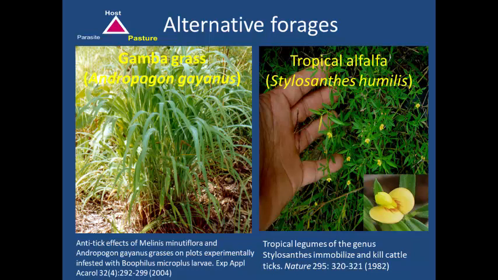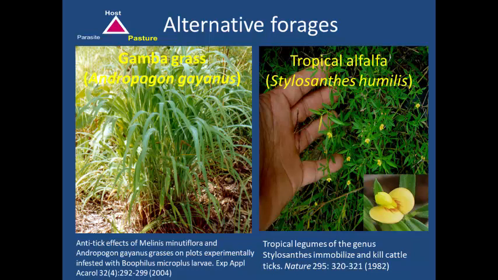But having said this, some of these plants, like the Stylosanthes, are excellent tropical pastures. They're native to South America, and they have really high nutritional value for cattle. So if a large percentage of the ground was covered on any field, I could say that this is definitely a good way for any integrated parasite management for the tick.